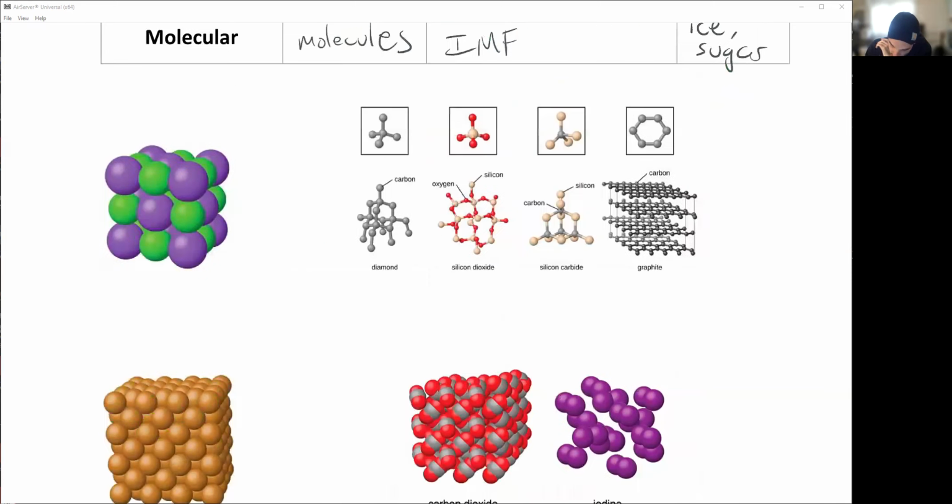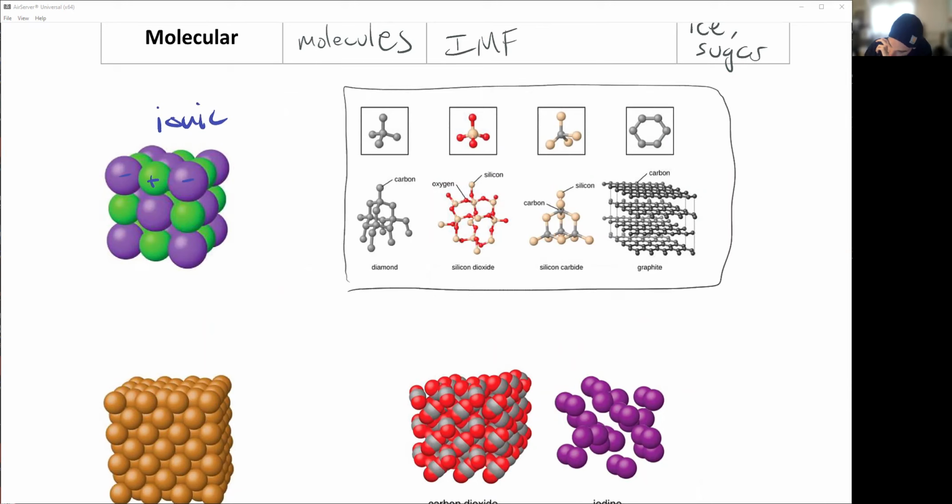So here we go. This right here is an ionic solid. Again, we have repeating negative and positive interactions. This right here are a bunch of different types of network solids. Again, these perfect arrangements are held together by covalent bonds.